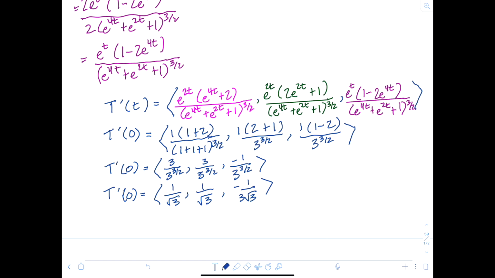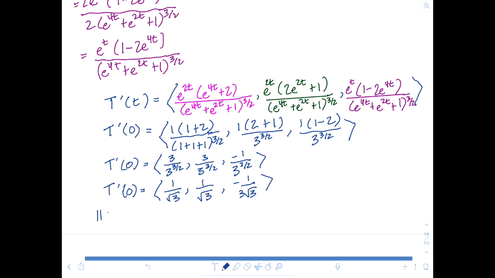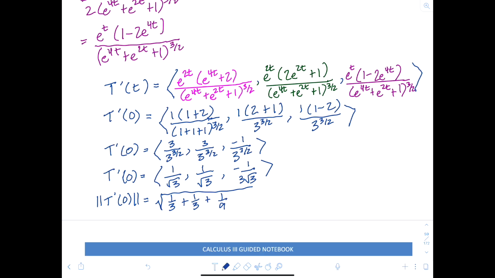Now, what is the magnitude of this? So the magnitude of T prime at 0, we're almost there, is going to be, we're going to square each of those, right? And add them. So we're going to have the square root of a third plus a third plus a ninth. Cool so far?